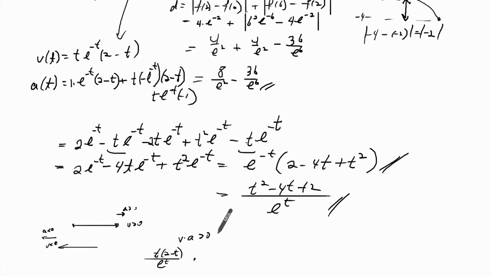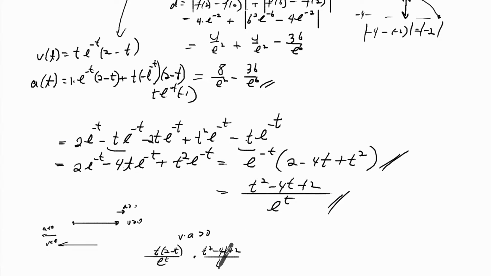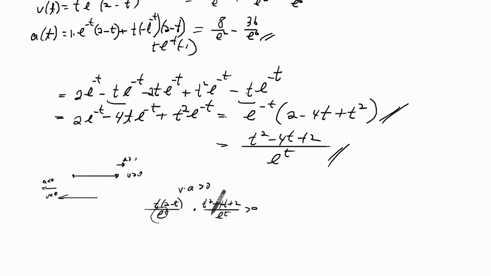And then we have the acceleration right here. So t squared minus 4t plus 2. So when is this positive? Well, the bottom is always positive, so the whole expression will be positive when the numerator is positive.